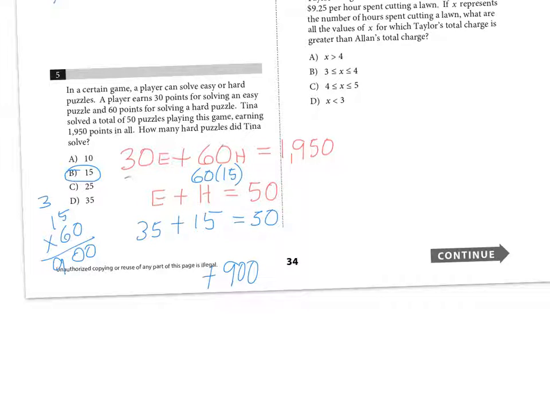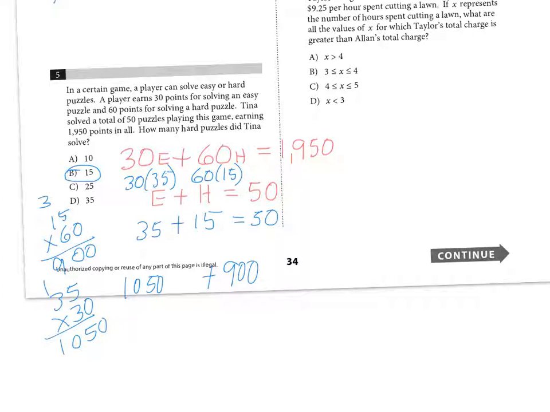Now let's multiply 30 times 35. What is 3 times 5? 15, carry 1, 3 times 3 is 9, and 1 is 10, so it's 1050.